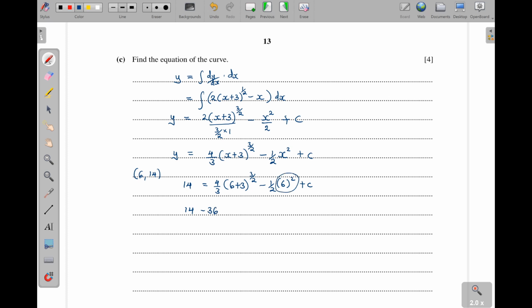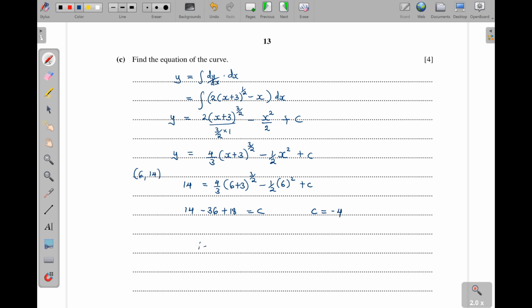And then this one is 36 divided by 2, that one will be 18. So when it crosses, it's a positive, and then this one will be equal to c. So 18 plus 14, that one will give us 32. So 32 minus 36, that is negative 4. So therefore c is equal to negative 4.